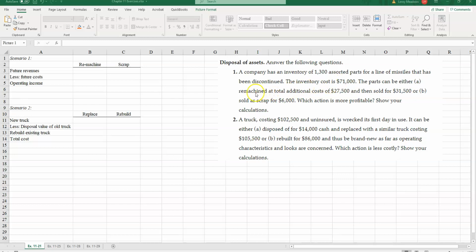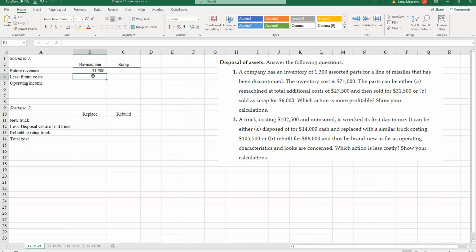So let's take a look at the rest of the information. If we're going to remachine these, as that's one alternative, remember we're going to choose among alternatives, we want to run the numbers. If I remachine this inventory, I'm going to sell it for $31,500. But it's going to cost me an additional $27,500 in order to be able to sell them for $31,500.